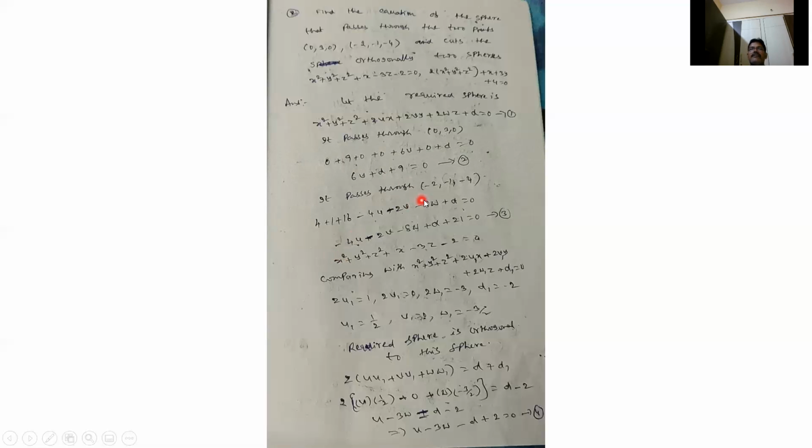Finally, we get -4u - 2v - 8w + d + 21 = 0.